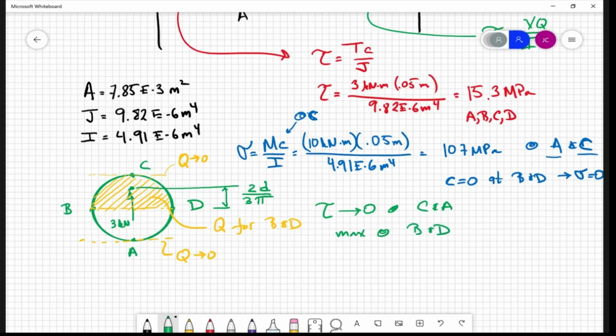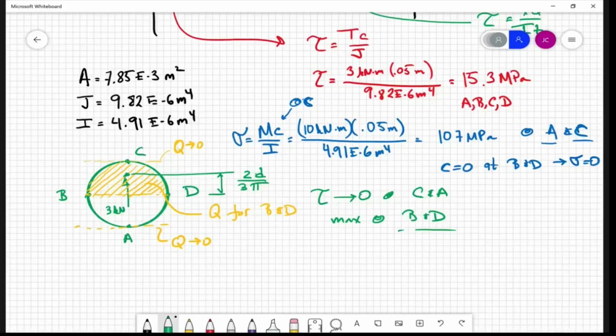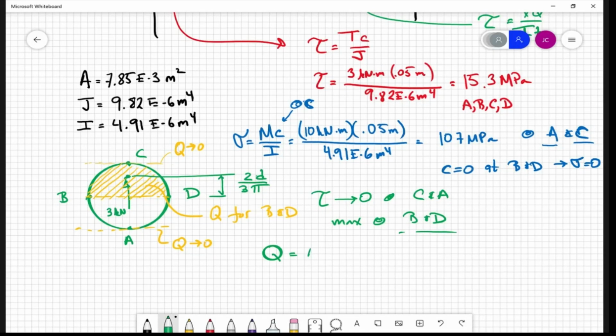All right, so let's figure out Q for these points. Remember Q is going to be the area of the shaded area, A bar, times the distance to the centroid, okay? In this particular case, the area is half the total area of the circle.